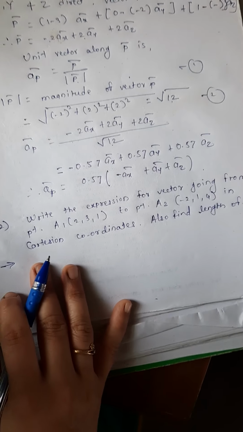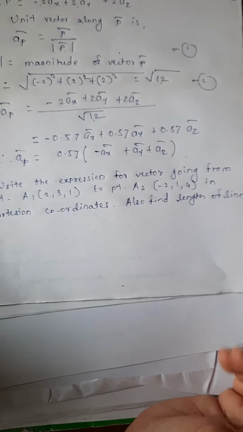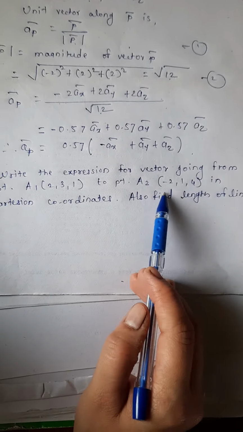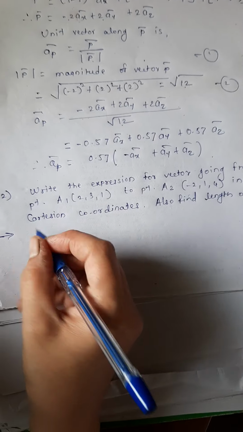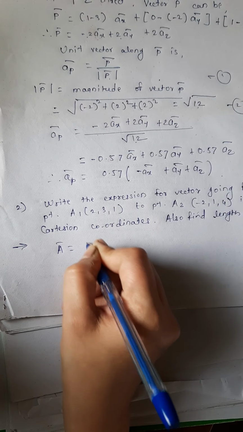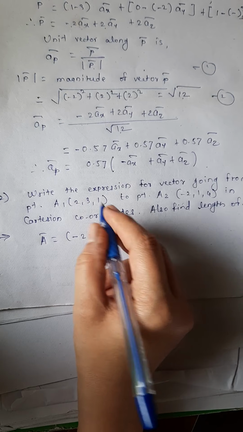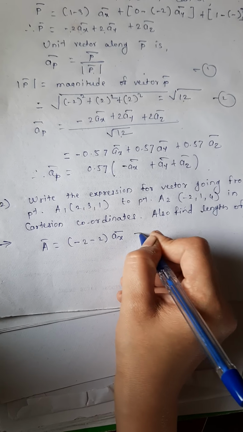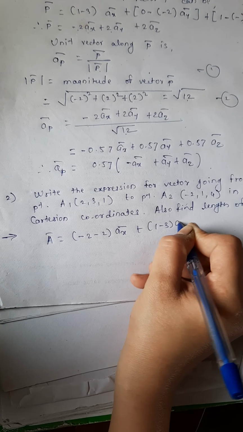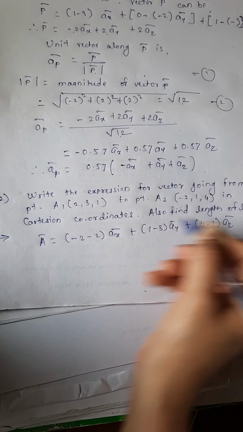So here we will denote this vector going from A1 to A2 as a bar. So a bar is minus 2 minus 2 ax bar plus 1 minus 3 ay bar plus 4 minus 1 az bar.